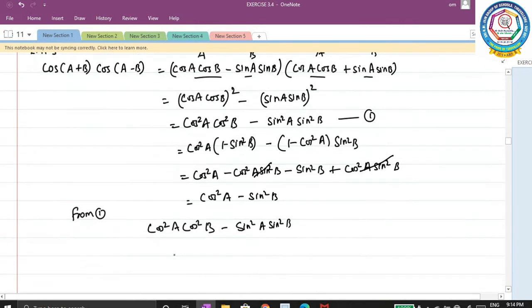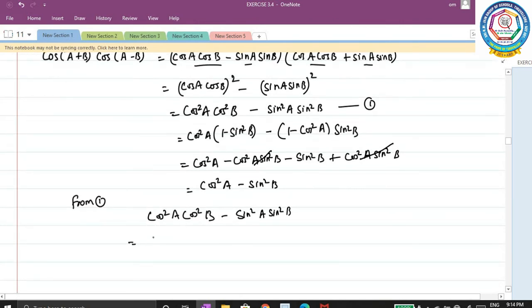Here I am going to apply the identity: cos square a is 1 minus sin square a, into cos square b. Then minus sin square a, where for sin square theta I am going to apply 1 minus cos square theta. Theta here is b, so 1 minus cos square b.